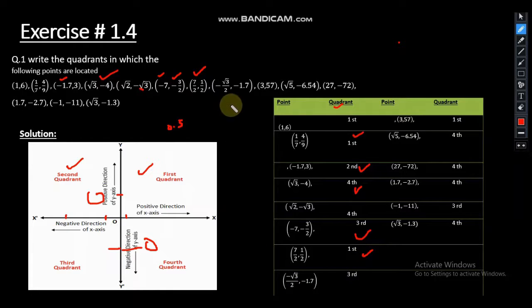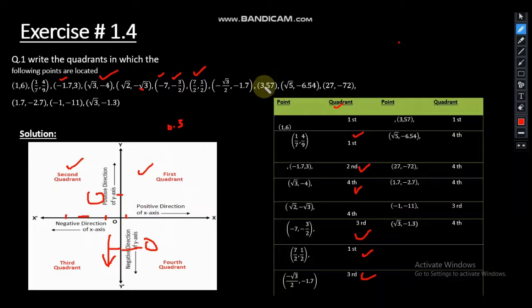Next, this is -3√3, whose value is also negative, so it is in this quadrant on the x-axis. Now -1.7, which is the y value, is in the minus y direction, so we can write this in the third quadrant, because both values are negative, in the negative direction of the x-axis and the negative of the y direction.